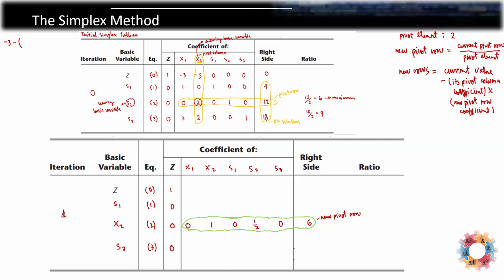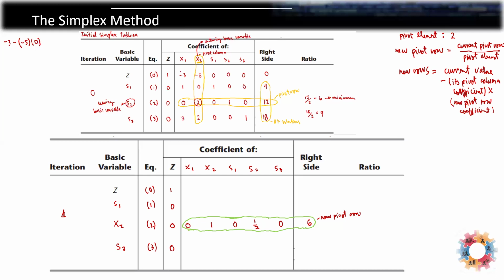The pivot column coefficient is -5. So minus -5 times the new pivot row coefficient, which is 0.